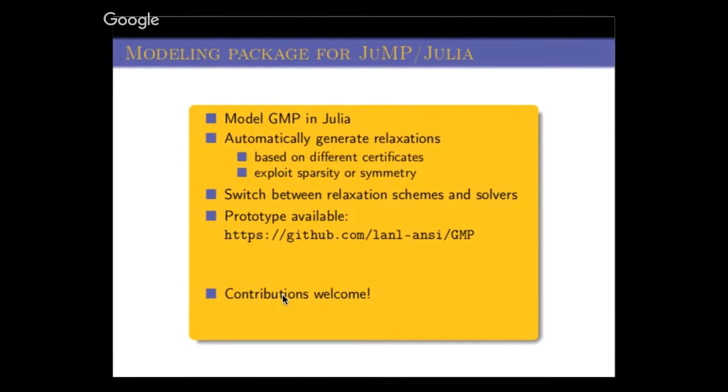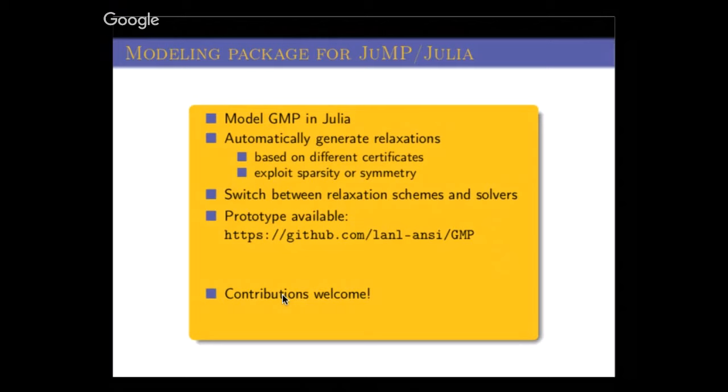So I want to be able to model generalized moment problems in Julia. So far, I only know of GloptiPoly, which is a MATLAB package to model generalized moment problems, and it's pretty static. So it's very difficult to change things. What I'm aiming for with this package is that I can easily change the certificate sets, so from sums of squares going to other cones.